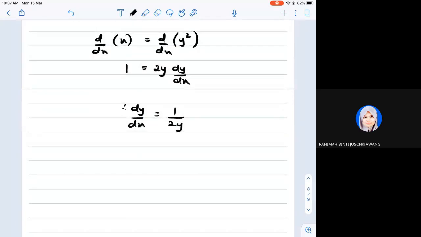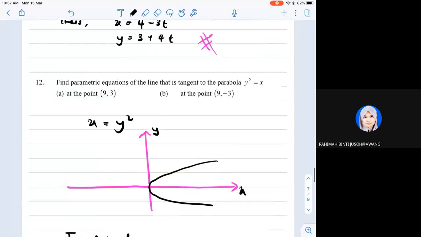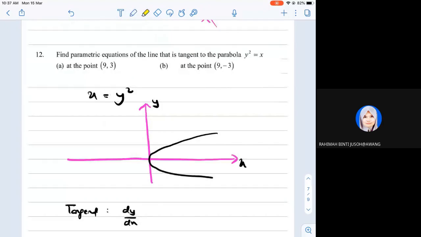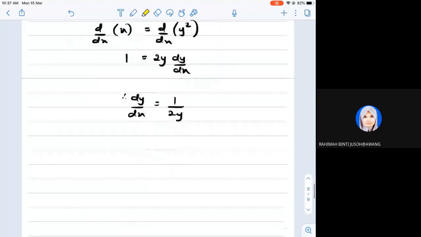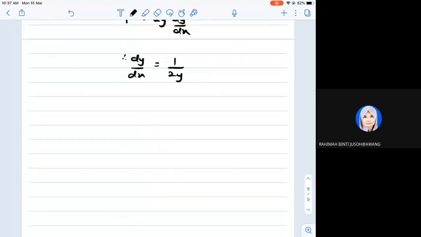So now question 12b at the point of 9 and negative 3. Okay, so we have at 9 and negative 3. Okay, we have dy dx equals to 1 over 2 times negative 3, isn't it?